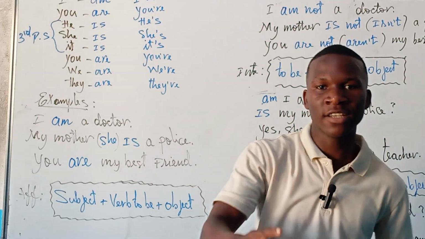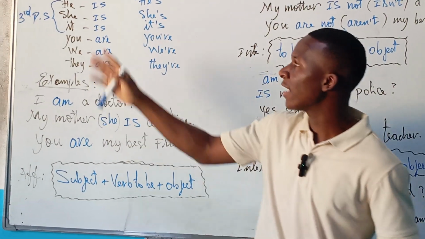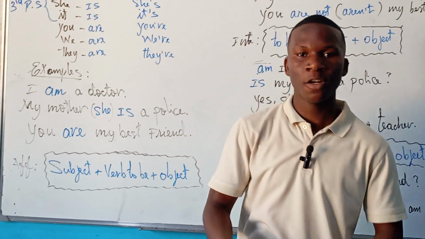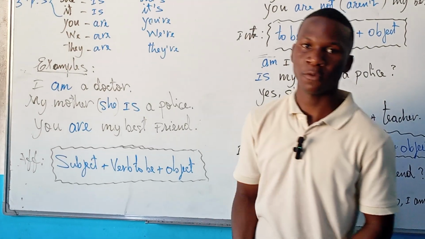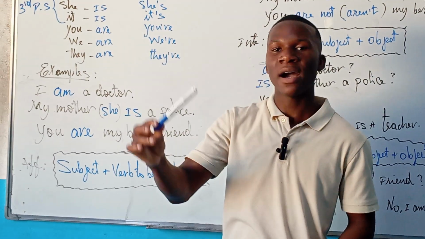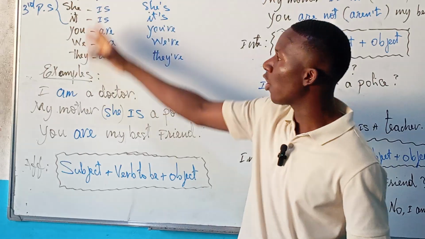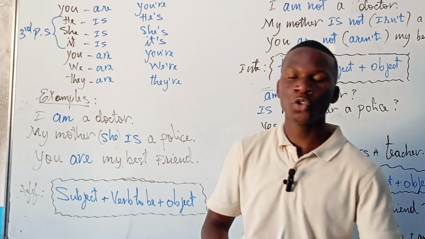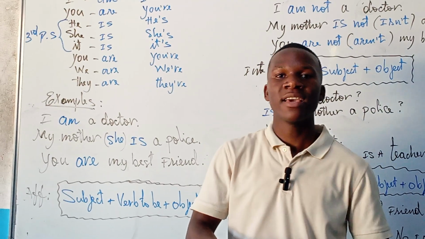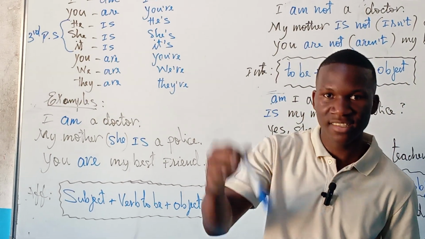Subject, we are talking about the personal pronouns. But I forgot, guys, to tell you what personal pronouns are. Personal pronouns are used to replace nouns. For example, this is a marker. Which personal pronoun can we use to refer to the marker instead of saying its name?